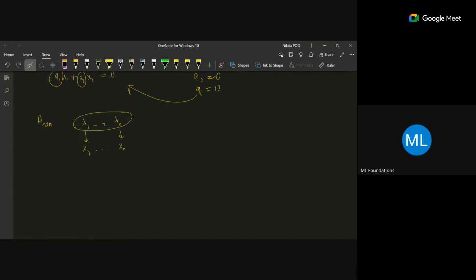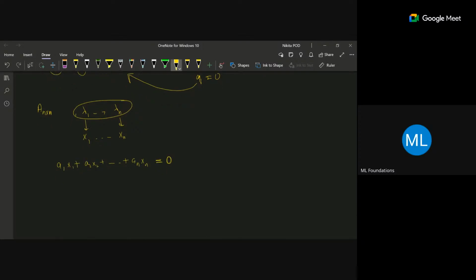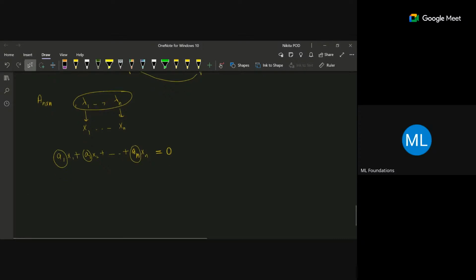Then what we want to prove is that if a1 x1 plus a2 x2 plus up to an xn is 0, then all of these ais should be 0. So again we multiply this whole thing with A.